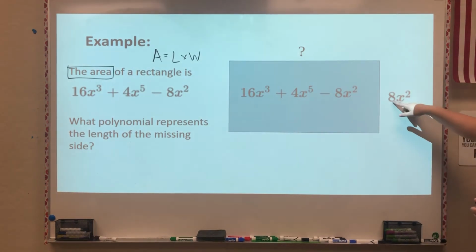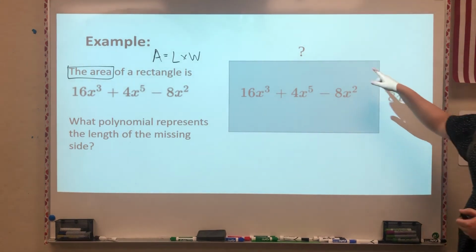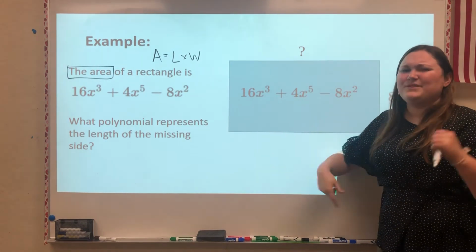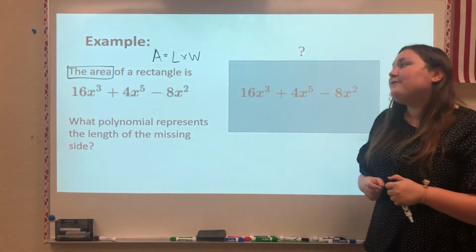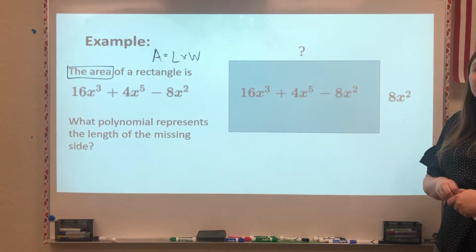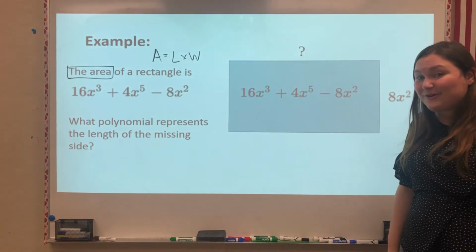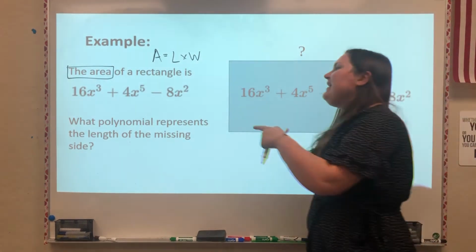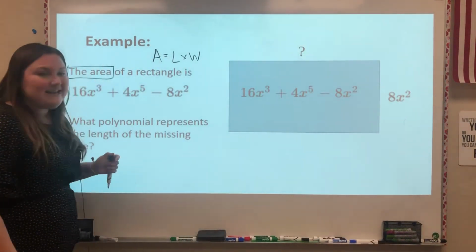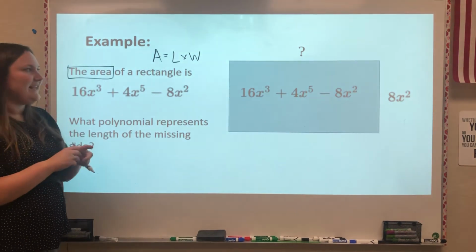One way you can figure this out is by saying exactly that. You can say, well, what do I have to multiply 8x squared by to get this? But there's another way you can think of it. Instead of having my formula solved for area, we could go back to what we know about literal equations, solving equations that look like that. And instead of solving for area, I'm trying to find the length. Let's change the formula to look like length.